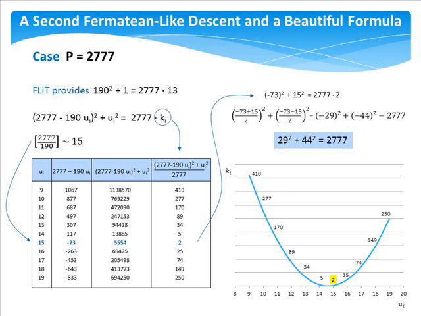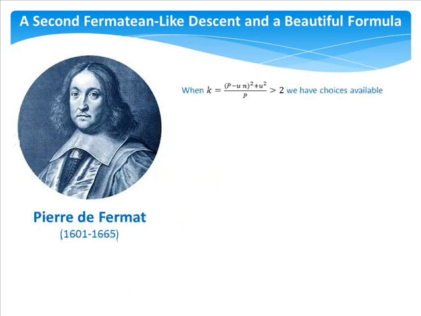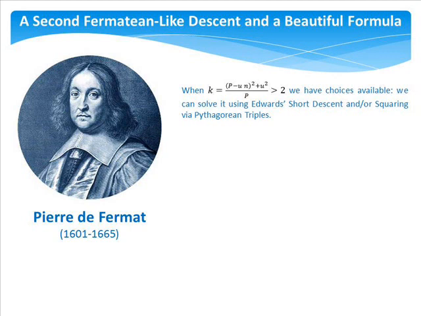Given that both squares are odd, we can add and subtract these values and divide by 2, arriving at the solution: 29 squared plus 44 squared equals 2777. When k is bigger than 2, we have choices available. We can solve it using Edwards' short descent and/or squaring through Pythagorean triples.